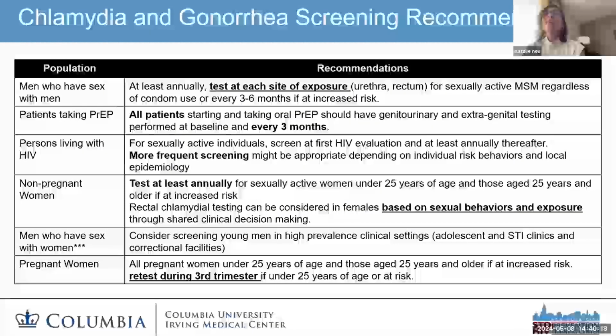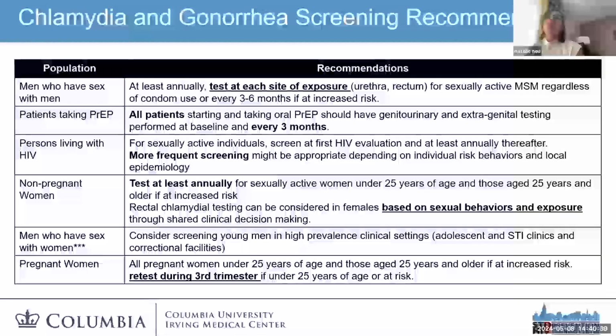So the CDC has some very specific recommendations around gonorrhea and chlamydia screening. So for men who have sex with men, they say at least annually at each site of exposure. So if you are having penile sex, rectal sex, anal sex, you have to test there, and oral sex.